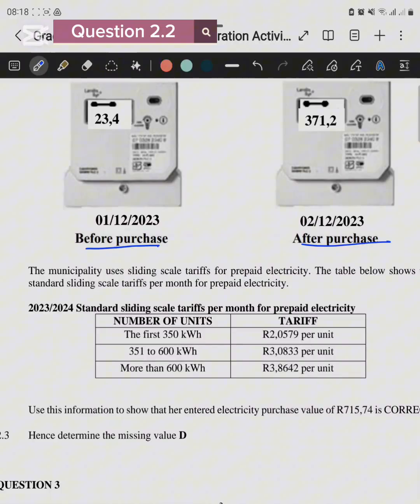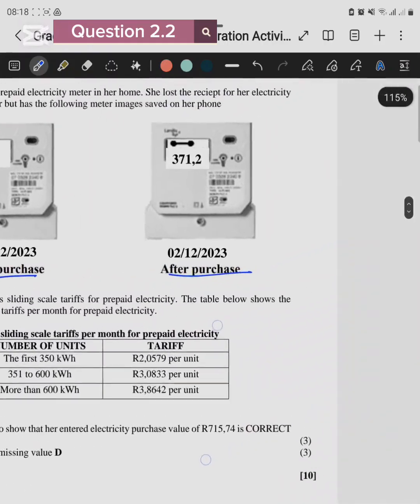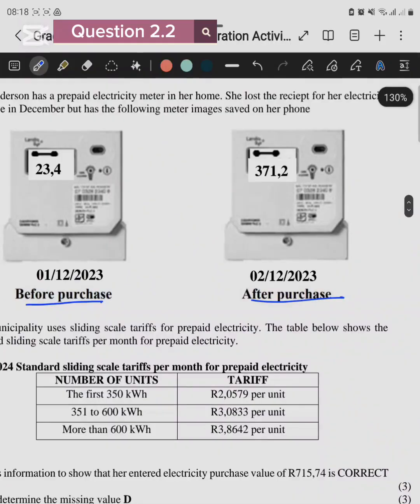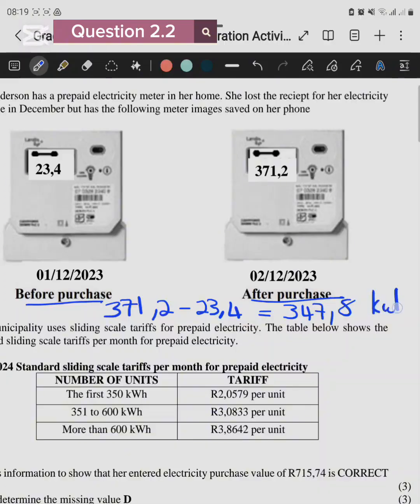First things first, we need to establish how many units she paid for. We had 371,2 after, and before we take off the ones that weren't from that current payment, and we're going to get to 347,8 units of electricity. So this is kilowatt hours, per unit.